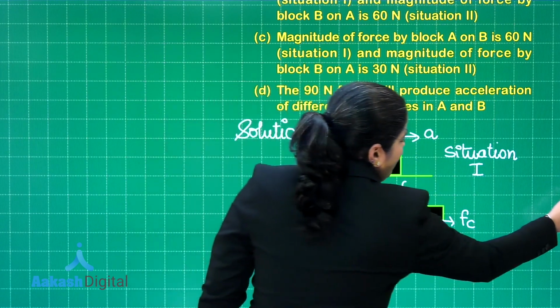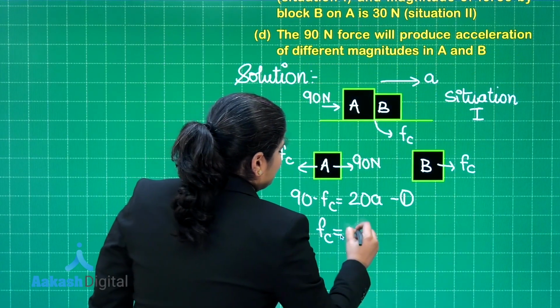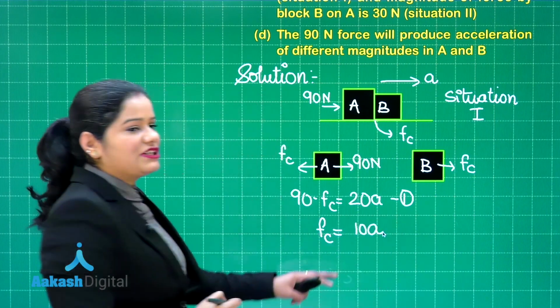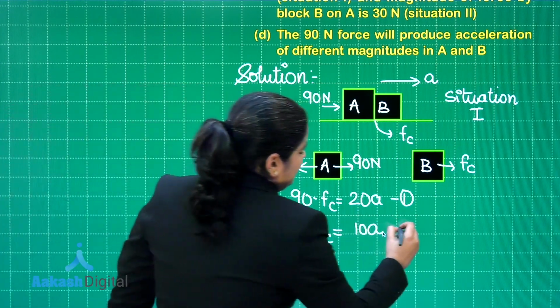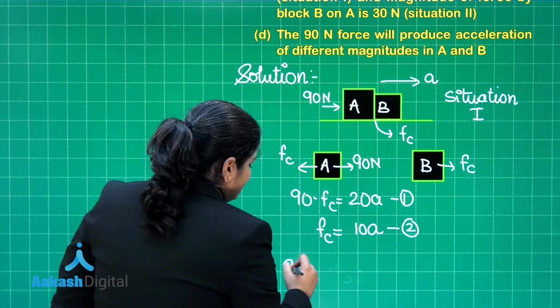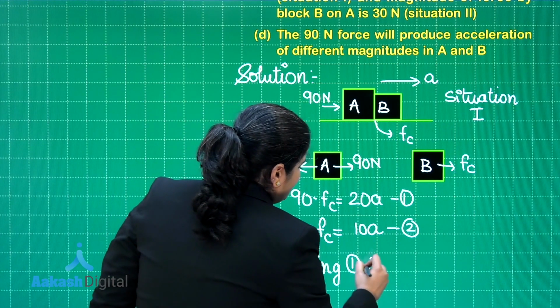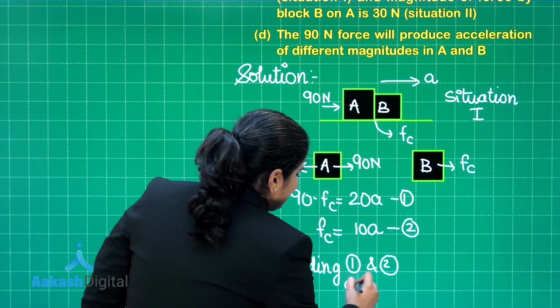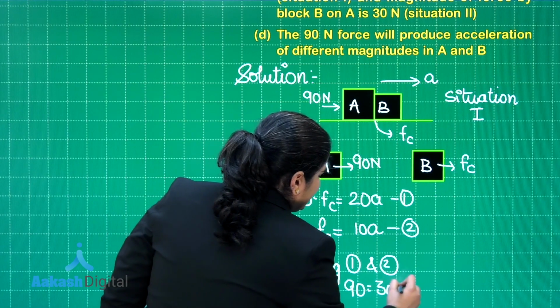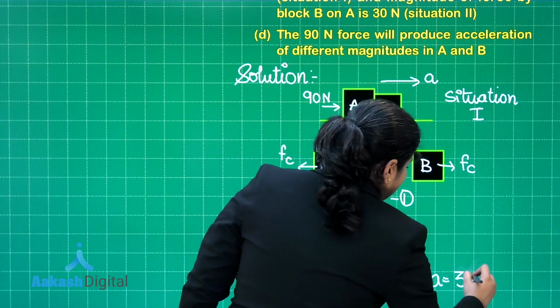For block B, I can write FC is equal to 10A, because the mass of block B is 10. On adding equations 1 and 2, we get 90 is equal to 30A, and this gives me acceleration as 3 meter per second square.